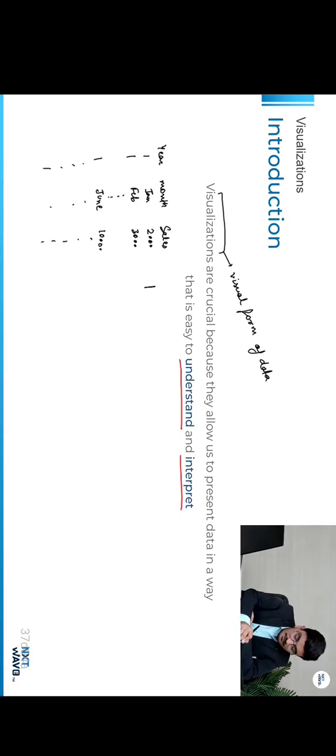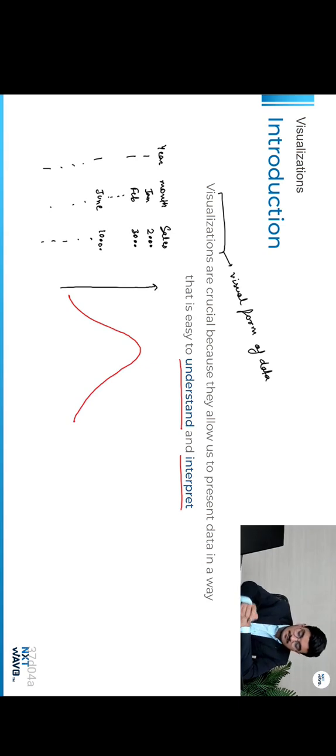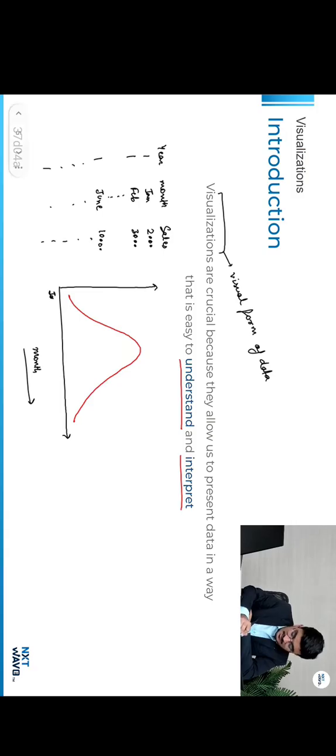But if I plot a line chart with my data, it will give me some sort of line like this, where my x-axis represents the months from Jan to December.